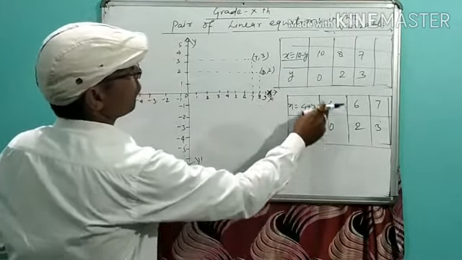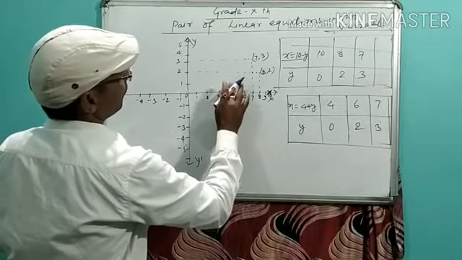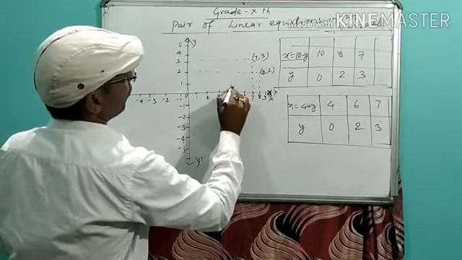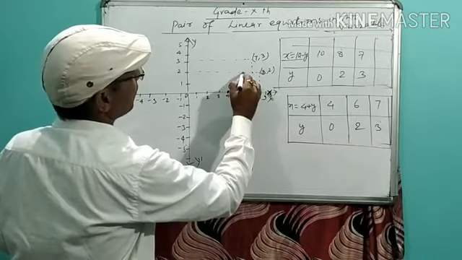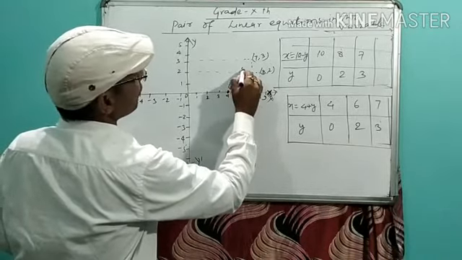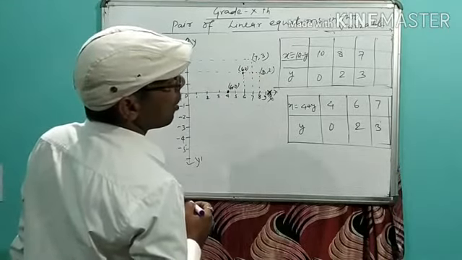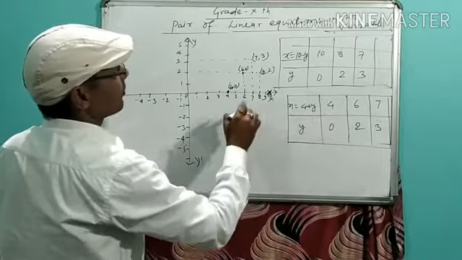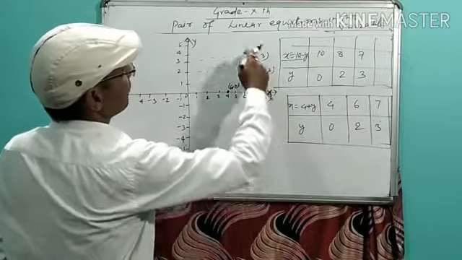Then 2 and 6, here will be 6, 2. After that 7 on x and 3 on y.